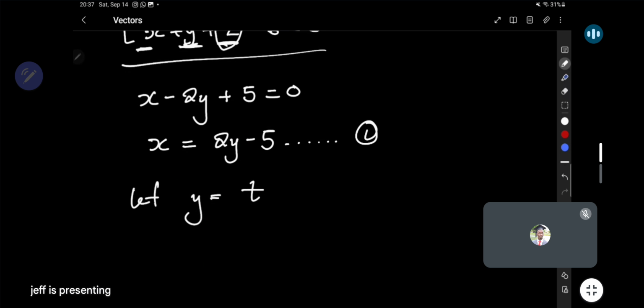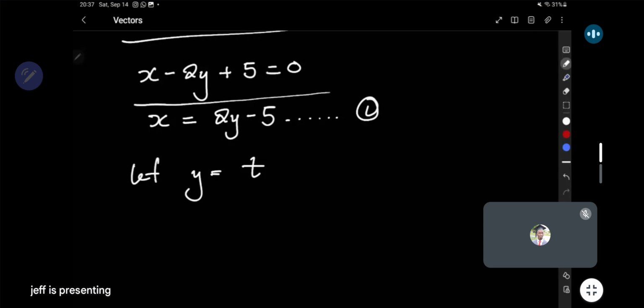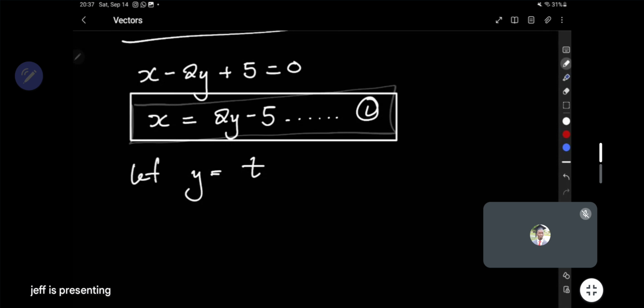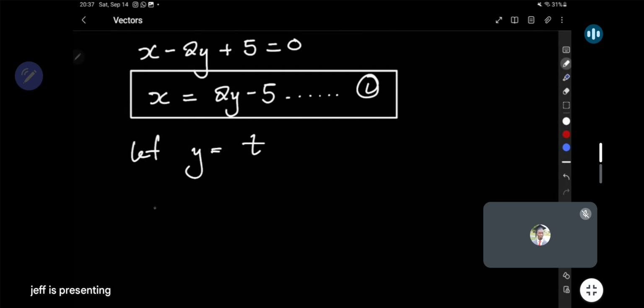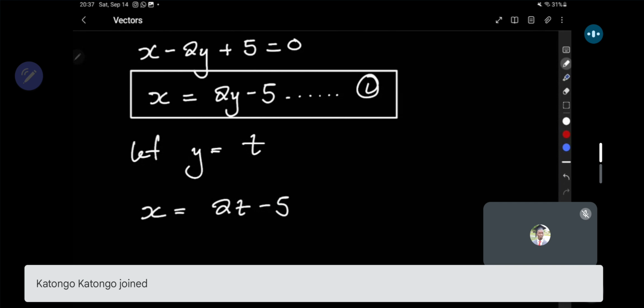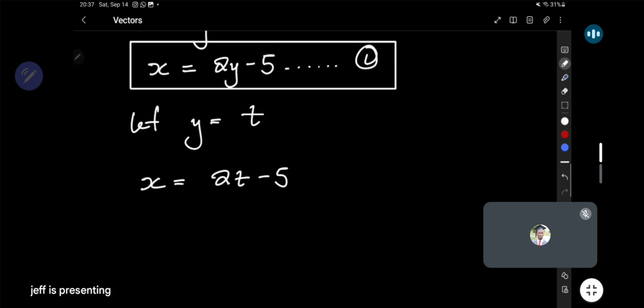What this implies is that for the equation that we selected, we can just put t where there is y, and this becomes x equals 2t minus 5. And notice that this reduces to a parametric equation for x for the line we're going for.